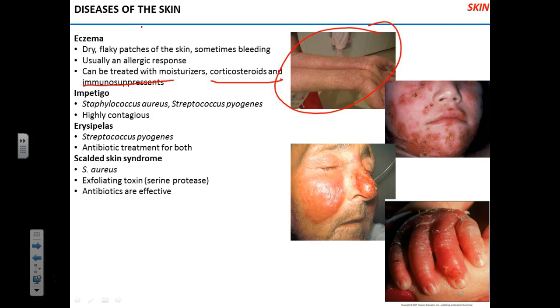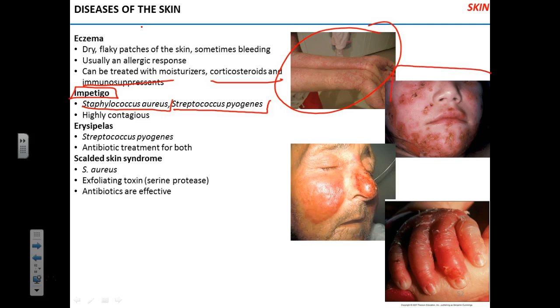Two major microbes that cause skin pathologies are Staphylococcus aureus, the infamous microbe that I bet everybody heard of, and Streptococcus pyogenes, which can also cause strep throat. These two species, first and foremost, are notable for the ability to cause the condition known as impetigo.